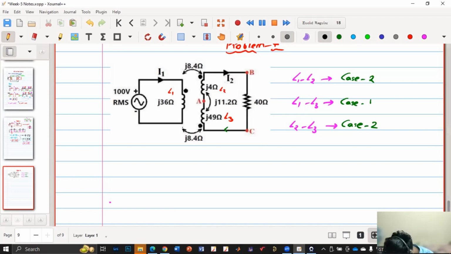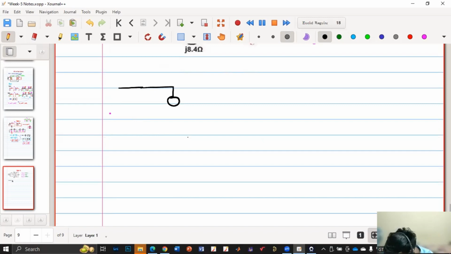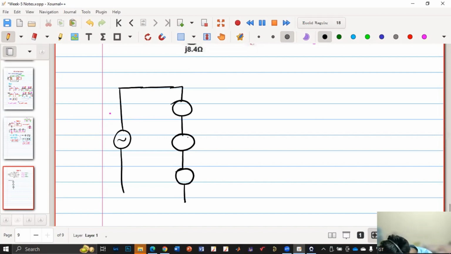Okay, so first we need to draw the circuit. Let me draw this. I think I should draw it a bit bigger. 1, 2, 3. And the input is 100 volt angle 0.